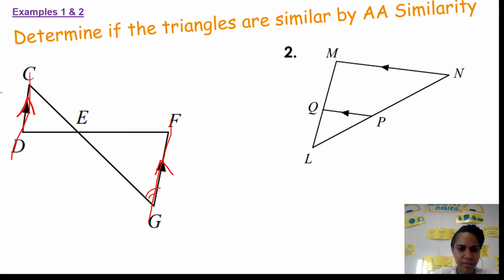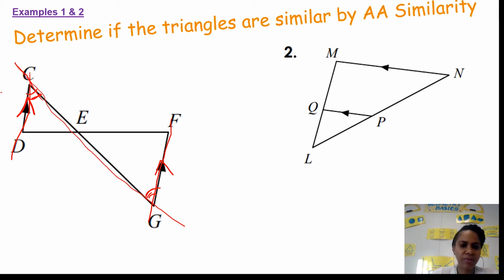this angle and this angle right here are congruent because CG would be the transversal. So CG is a transversal, and that will make these two angles here alternate interior angles.